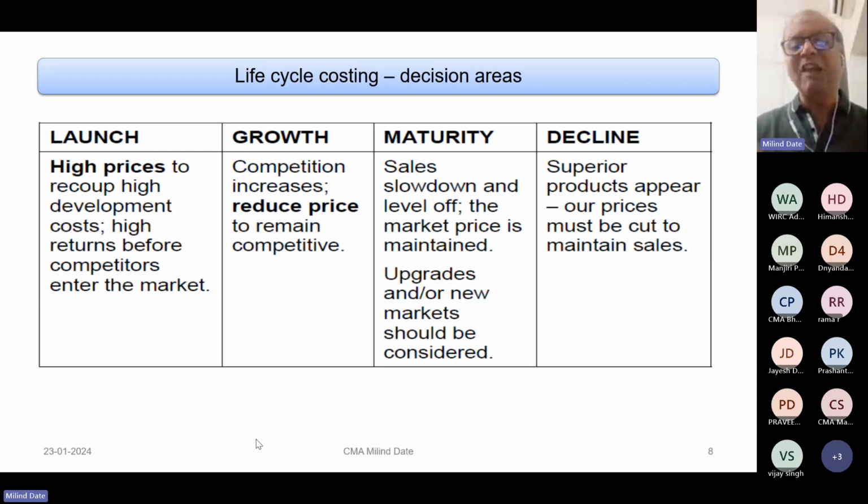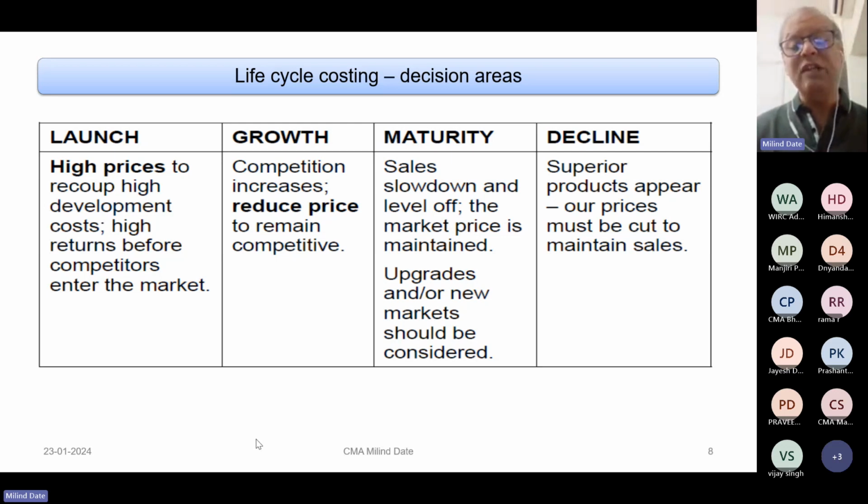So price skimming, as it is called, possible, not possible, or should I do the reverse way, penetrative pricing? So I'll keep the prices so low that I flood the entire market with my product only. Competitors find it very difficult to fight me.